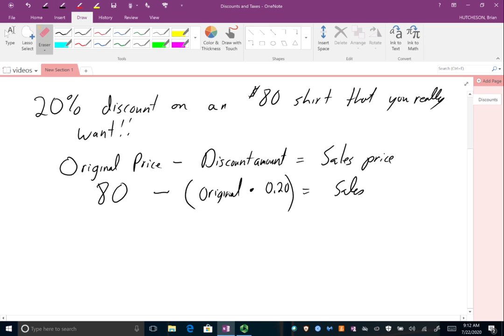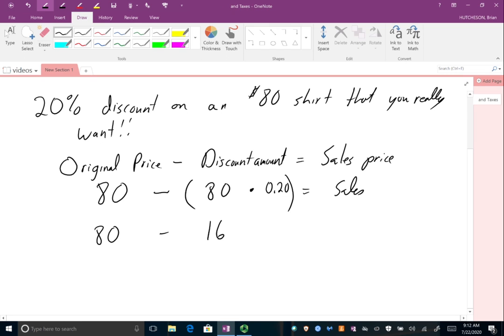Well, once again, original, I'm just trying to help you with the formula, is $80. So we can just keep working this. So 80 times 0.2 is what? 16?